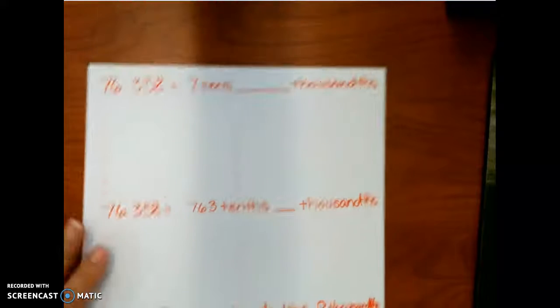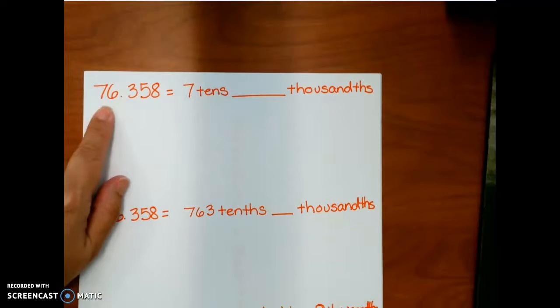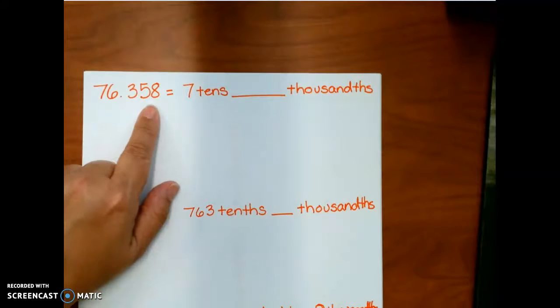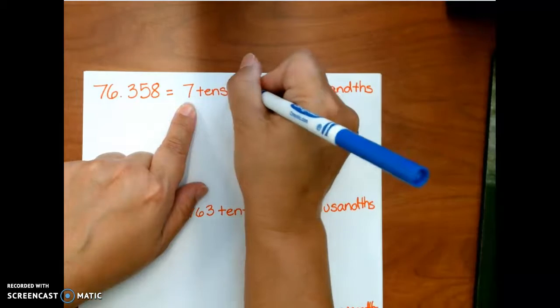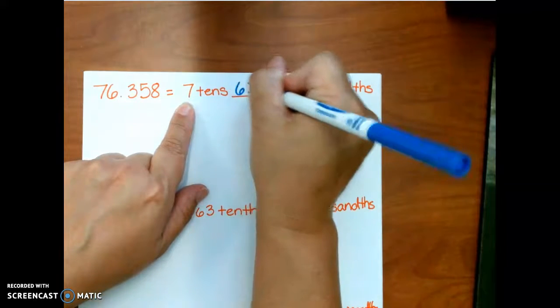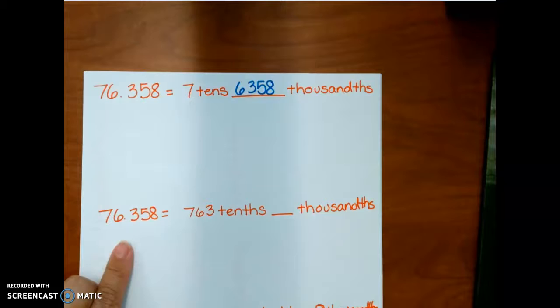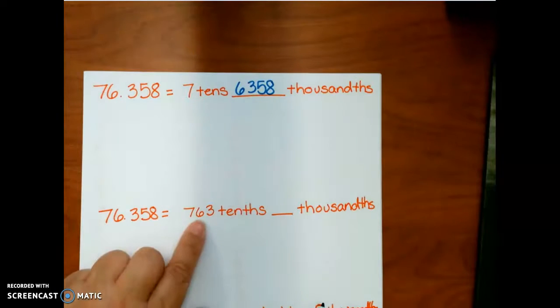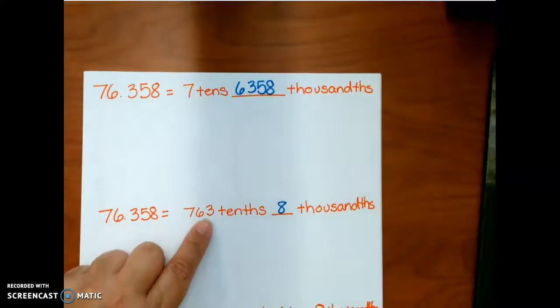Here we go. 76 and 358 thousandths is 7 tens and 6,358 thousandths. 76 and 358 thousandths is also 763 tenths and 8 thousandths.